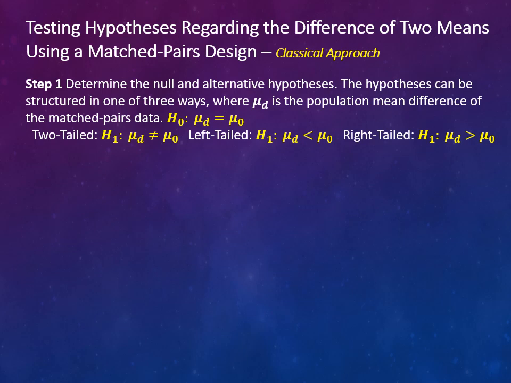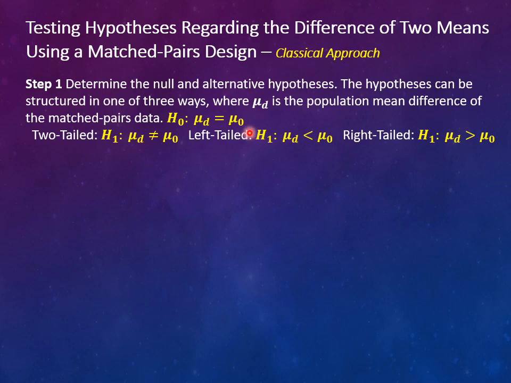I'm not even going to touch on this hardly at all because this is what we already know. But here, since we're looking at a difference, I guess I should go a little bit more into detail. The hypothesis can be structured in one of three ways. We know this: two-tailed, left-tailed, right-tailed, where mu sub d is the population mean difference of the matched pairs. So it'll be easier to see in an example in a minute.